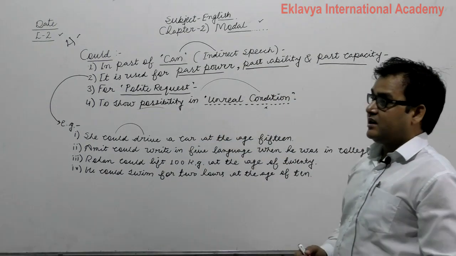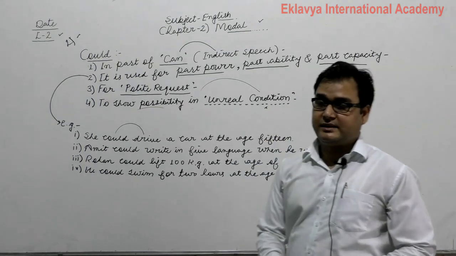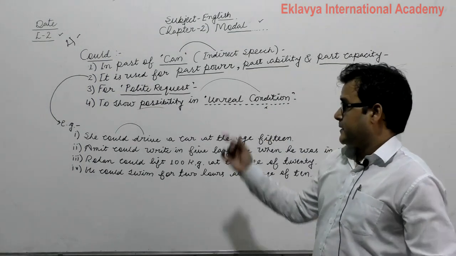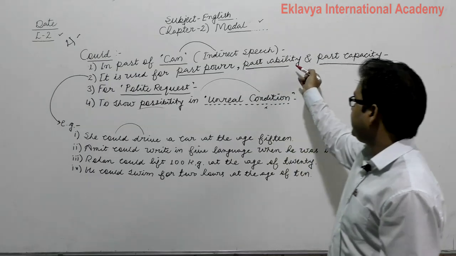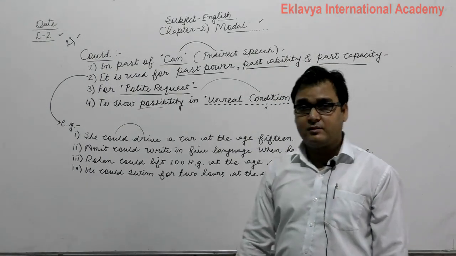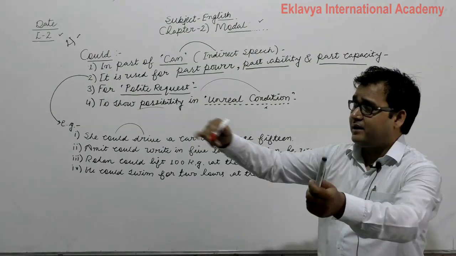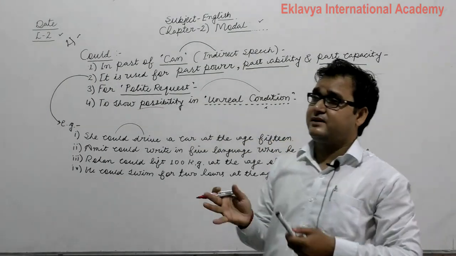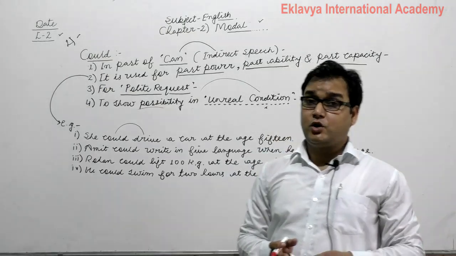Okay students, these examples speak about your past power, past ability, and past capacity. So let's have the clarification of these examples one by one. We'll discuss how we can use past power, past capacity, past ability with the help of could model.